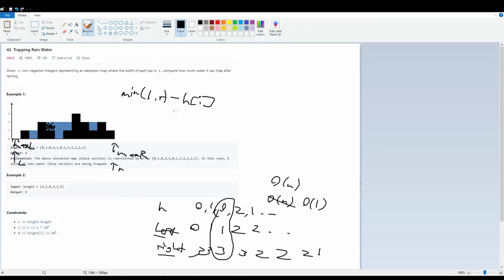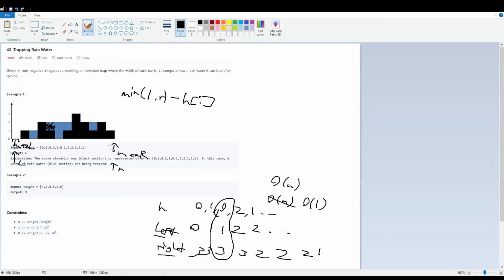And what we're going to do in this case is determine what the minimum is between the max left and max right.